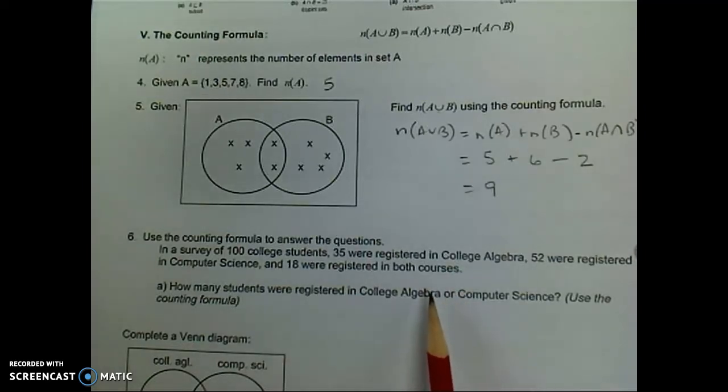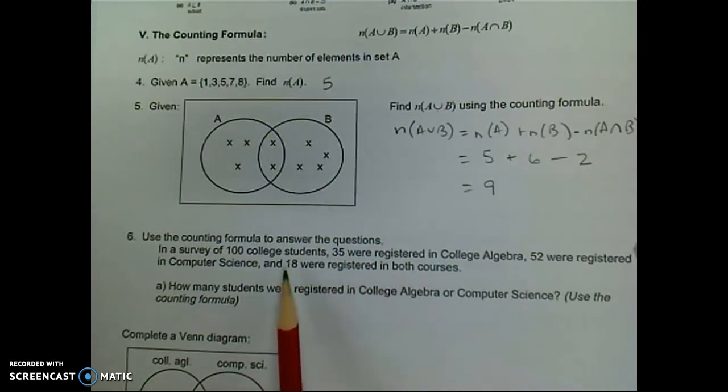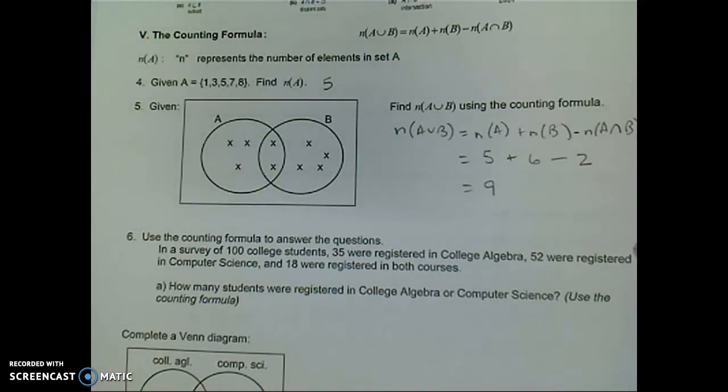So let's think about what that "or" is. "And" would indicate intersection, college algebra and computer science. "Or" would be either. So this is saying how many were registered in either college algebra or computer science, but keeping in mind that we have some that are duplicates that are registered in both courses.